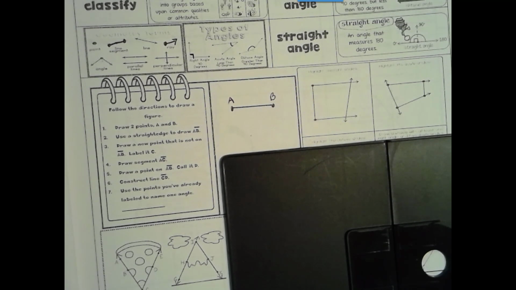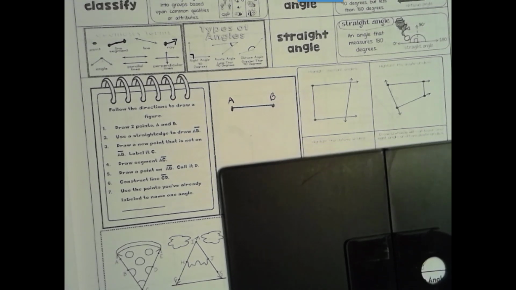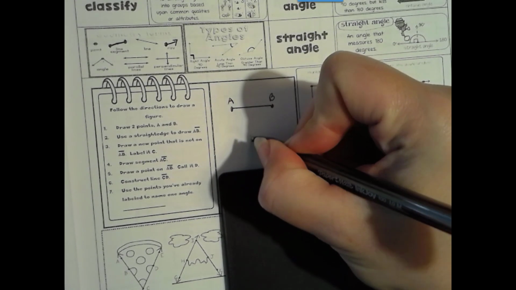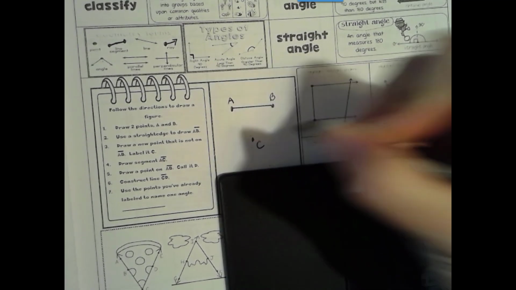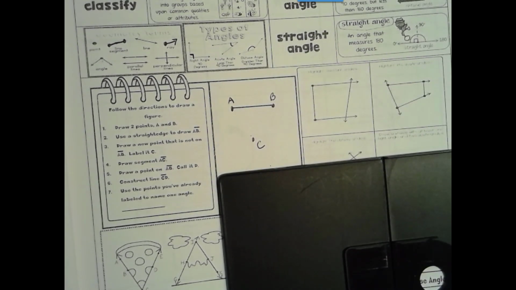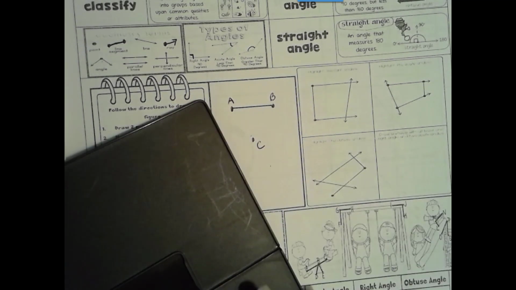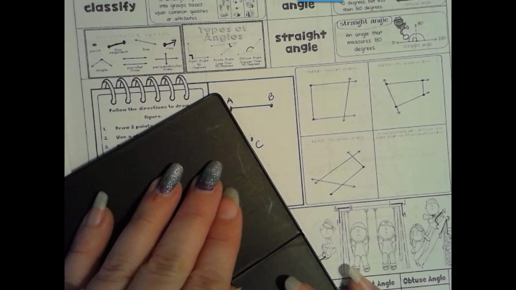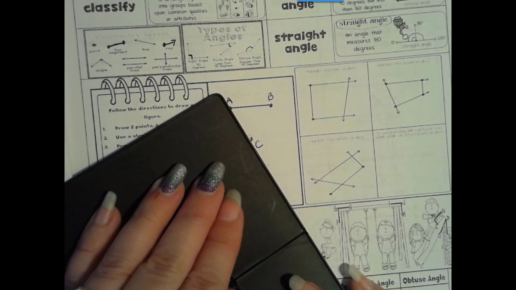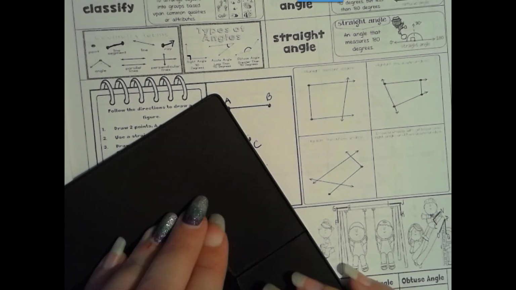Draw a new point that is not on line AB and label it C. So down here I'm going to put a point. I'm going to label it C. Draw segment AC. So now I'm going to go from here. I'm going to line that up.